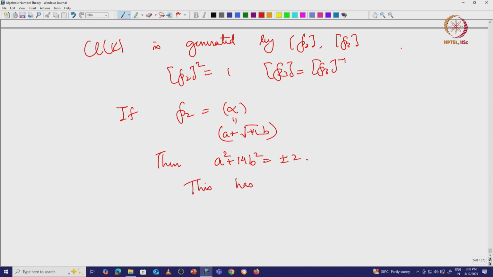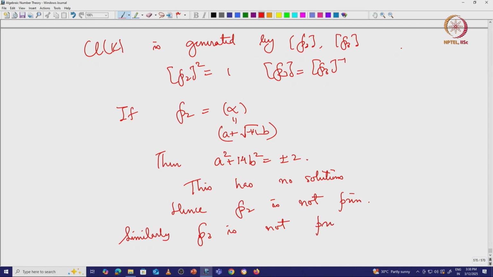Hence P_2 is not principal. Similarly, P_3 is not principal. Then we look at other things.